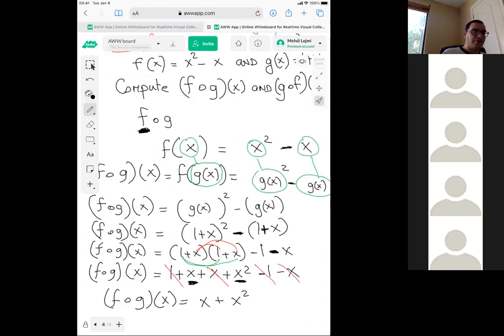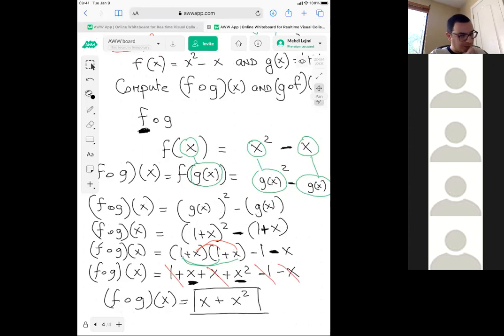All right, so that will be a fine answer. I simplified my equation, and I got this x plus x squared, right? So the 1 cancels out, the x cancels out, you are left with x and an x squared, and that's the final answer for f composed with g, right?